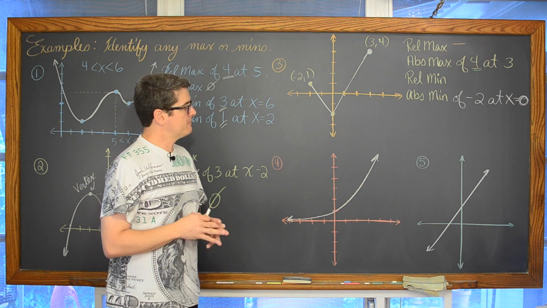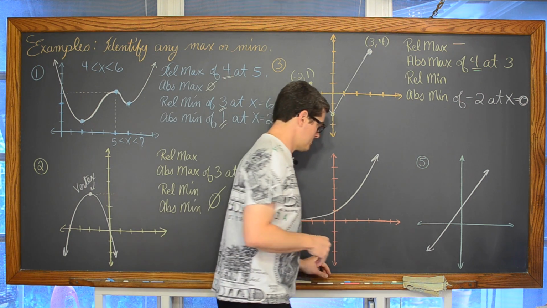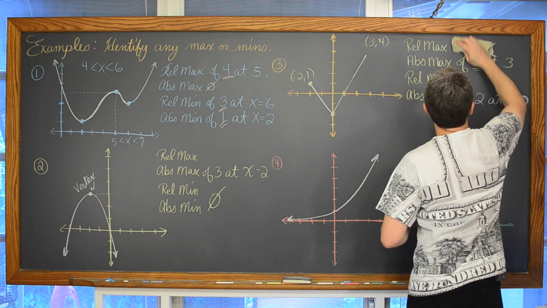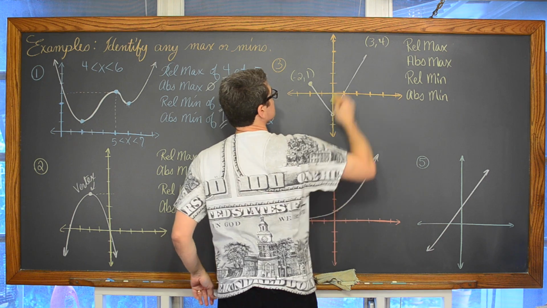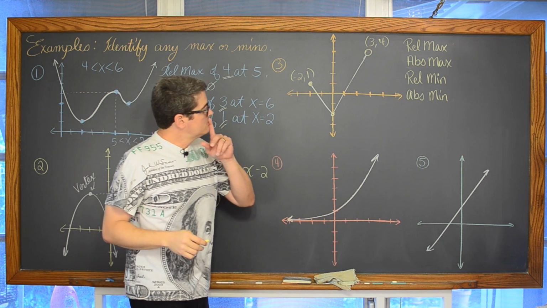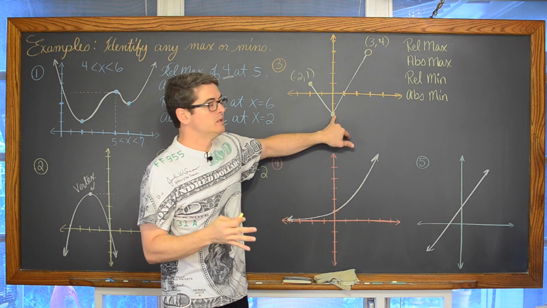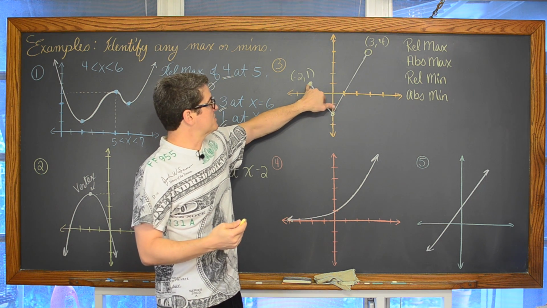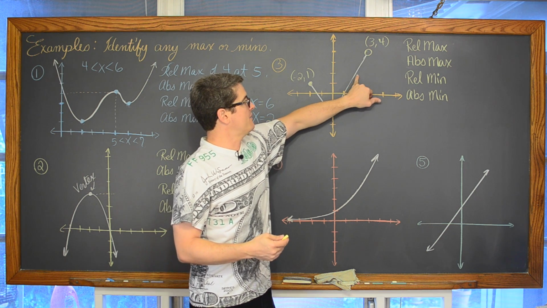Now, let me change this problem up a little bit. If I were to make this dot open, then there's still an absolute minimum of -2 at 0, and it goes to a maximum of 1, but then there are places in the domain where the graph goes higher than 1.